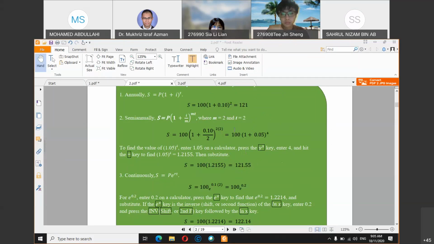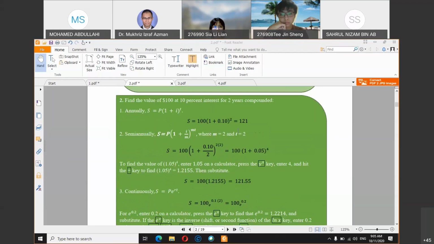For example, like this one, you have three formulas to calculate the value of the return, or the investment value. So annually, semi-annually, and continuous formula. So you have three different formulas to find it.